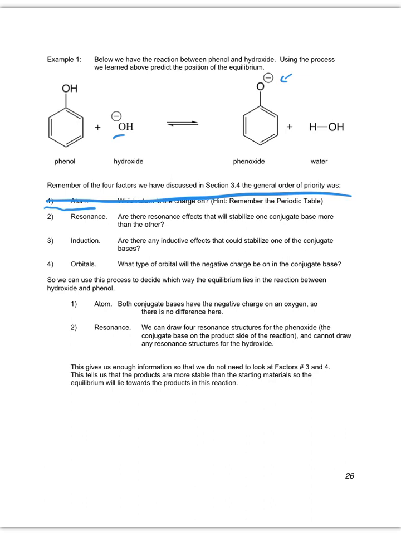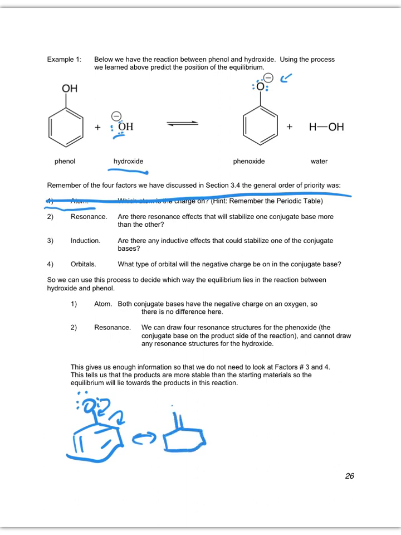Now, the next thing is, can we draw resonance structures for one or the other? For the hydroxide, we can't draw any resonance structures because all we have are the 3 lone pairs on the oxygen. They can't go anywhere. They're only on that oxygen. But for the phenoxide, we can draw resonance structures, where we send the electrons from the oxygen down into the ring.